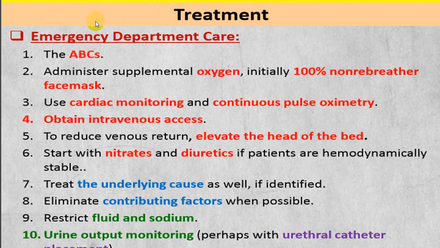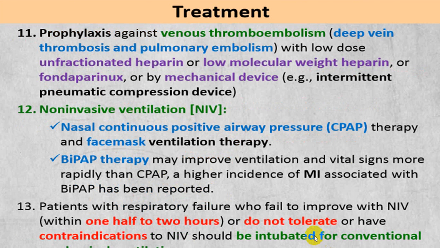In the emergency department, maintain oxygen level, cardiac monitoring, continuous pulse oximetry, central venous pressure, maintain the central line. You can use nitrates, diuretics, treat the underlying cause, fluid and sodium restriction, urine input output chart, prophylaxis for DVT.